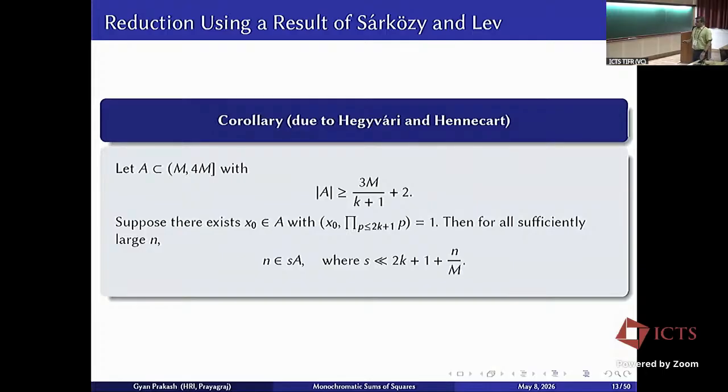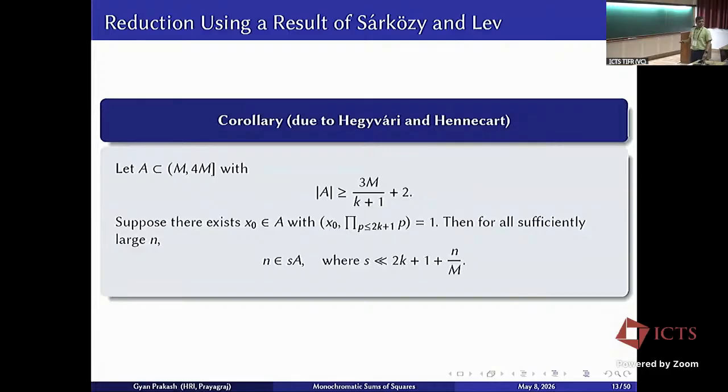Then, suppose further that there exists x naught in A which has no smaller prime divisors. How small? Smaller than 2k plus 1. Okay. Then for all sufficiently large n belonging to SA, and the S can be bounded with the density plus this ratio of n by m.